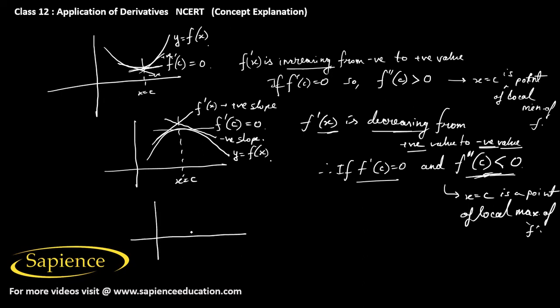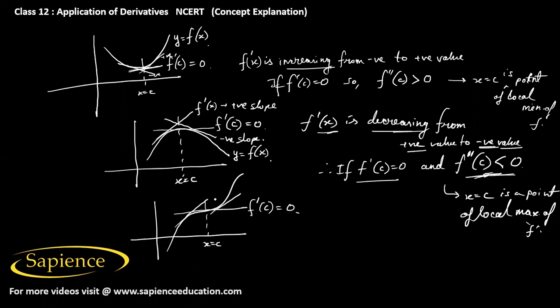And in case of point of inflection, we know that the graph is somewhat like this. Then at this point at x equal to c, the slope is 0. It means f dash c is 0. And the slope is not changing its sign.